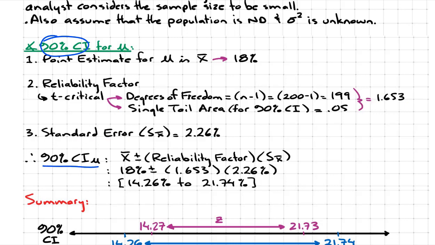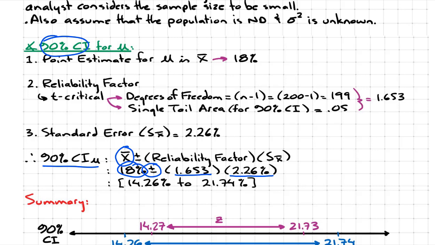So the 90% confidence interval for mu, we start with our point estimate, which is 18, and then we go above and below, because that's what a confidence interval is. It says we need to accept values above and below that point estimate. And we need to go 1.653 standard errors on either side, and each standard error is 2.26.